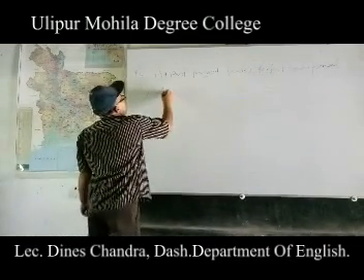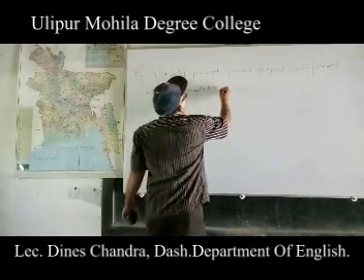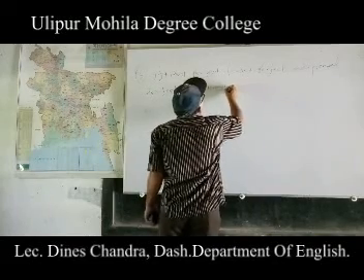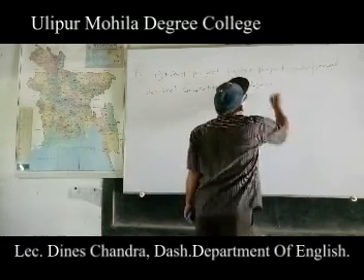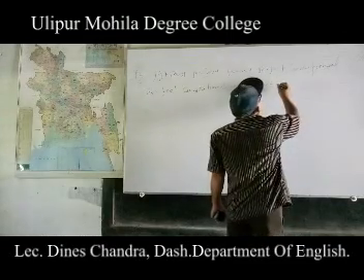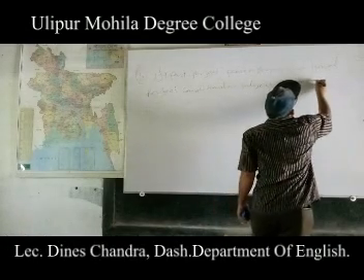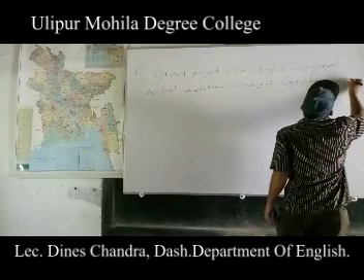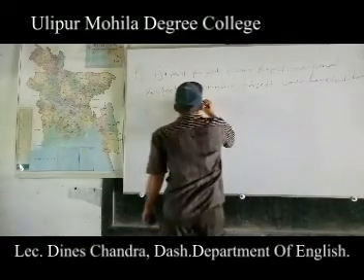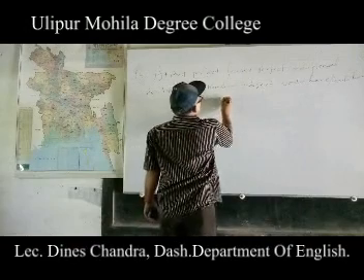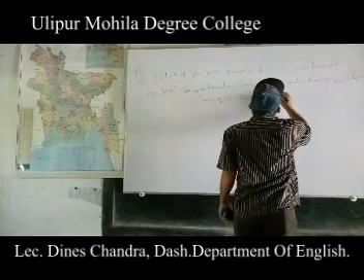Perfect conditional is equal to subject, after the subject you have to bring would have, or could have, or might have, plus verb 3.